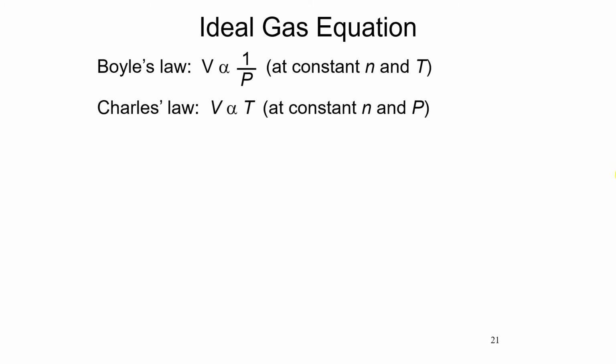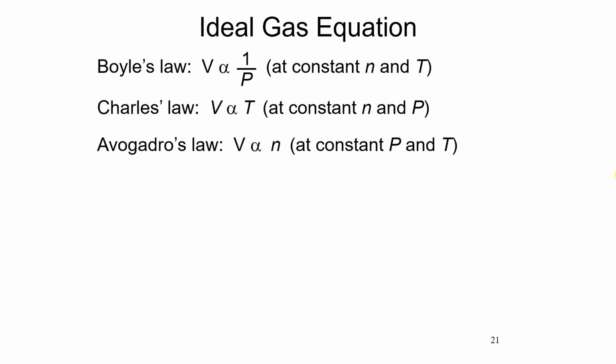Charles's law said that the volume is directly related to the temperature at constant moles and pressure. And Avogadro's law said that the volume is directly related to the number of moles at constant pressure and temperature. So if we were to combine all three of these, we would say that essentially the volume is proportional to n times T over P.